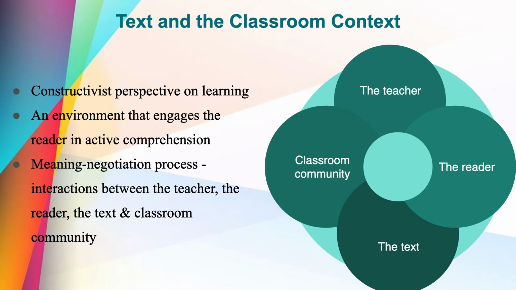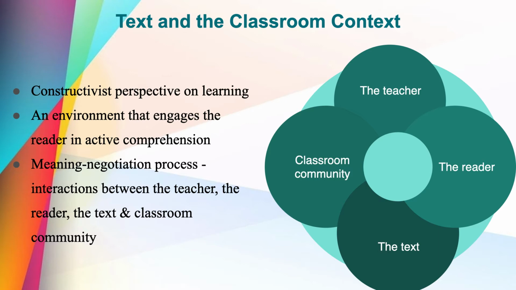Once the motivation is achieved, the meaning negotiation process is expected. The teacher in this process is likely to produce productive learning in the students. The meaning negotiation process includes four aspects, which are the teacher, the reader, the text, and the classroom community.